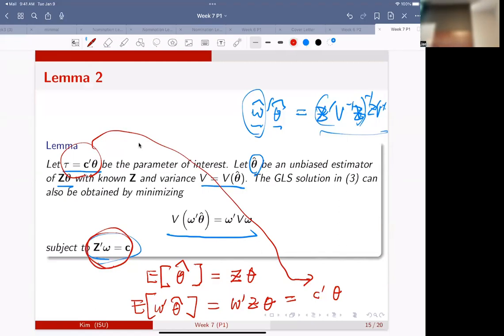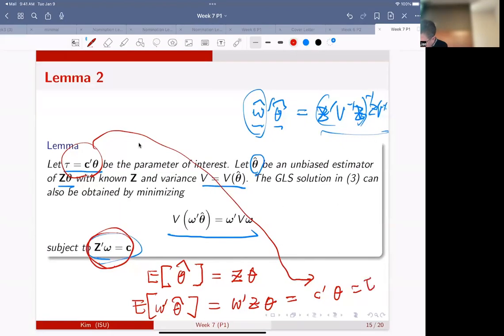Whatever omega is, if it is the best estimator for tau, it should satisfy that the expectation equals tau. So we want this to be equal to tau, but what is tau? Tau is this one, and theta is an unknown parameter.